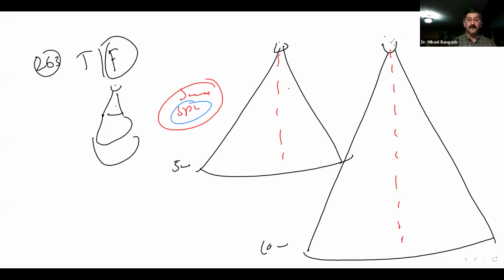And since it doesn't have an effect on that, it's not going to affect your axial resolution. Did that make sense? Yeah.